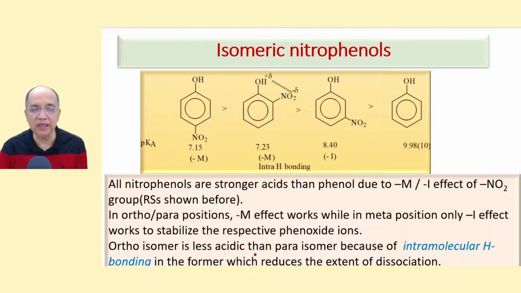Ortho isomer is less acidic than para. Looking to their pKa values, we have to put forth some explanation. We find that ortho and para, although stronger than phenol, stronger than even meta, but ortho is a little weaker.